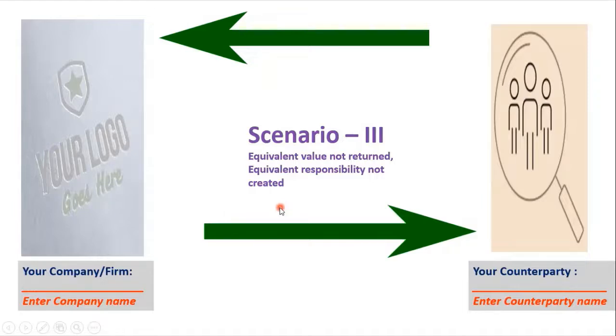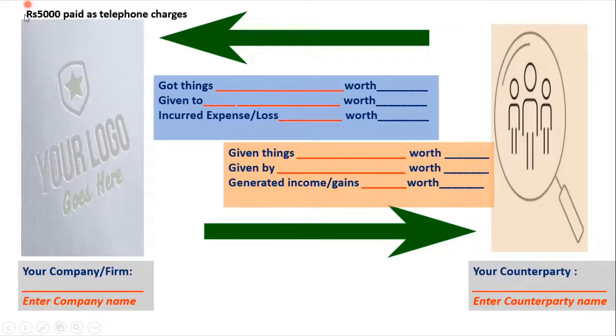In the second scenario, an equivalent value is not returned, and some responsibility is created. But there could be another situation where no equivalent value is returned and the counterparty is not responsible. When will that happen? Say, for example, we have paid 5,000 rupees as telephone charges.